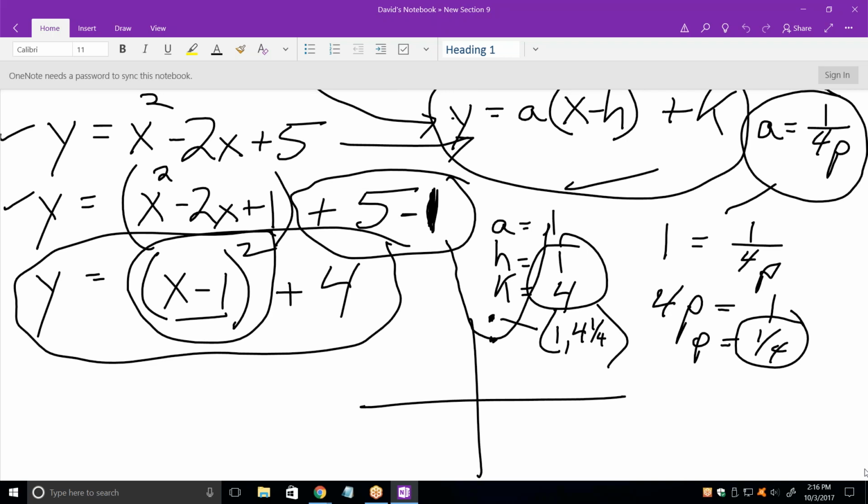It's the way receiver dishes are built. It's the way flashlights are built. You're building a flashlight, you're using a parabolic surface with the light bulb right there at the focus. What happens is every ray from that light bulb hits the side of the parabola and goes directly perpendicular out.